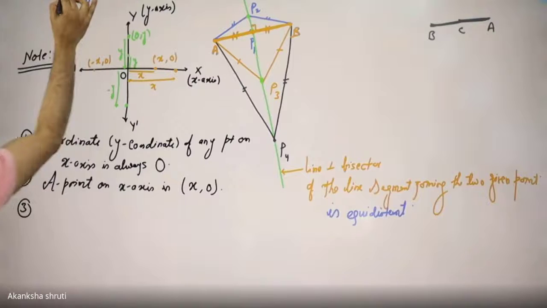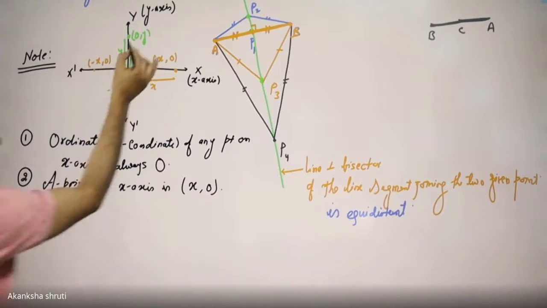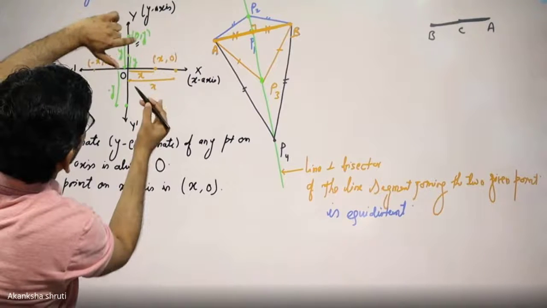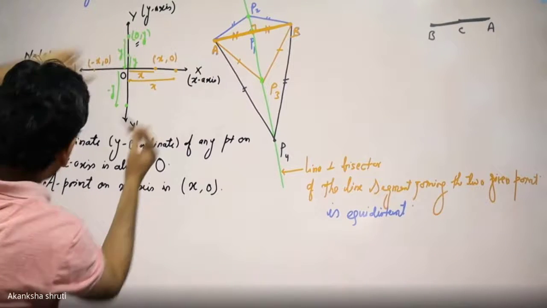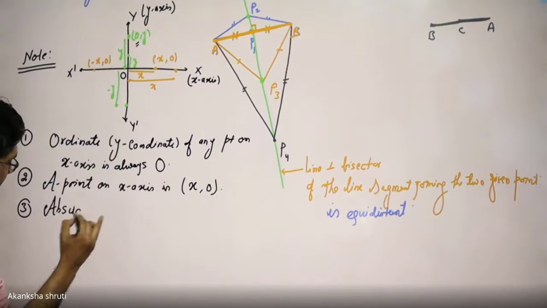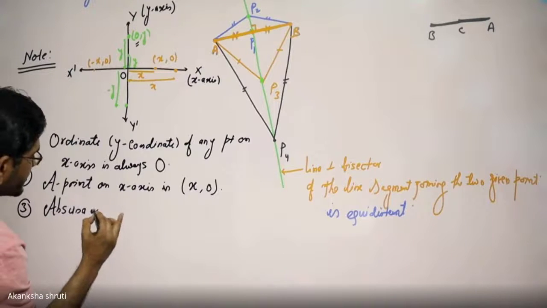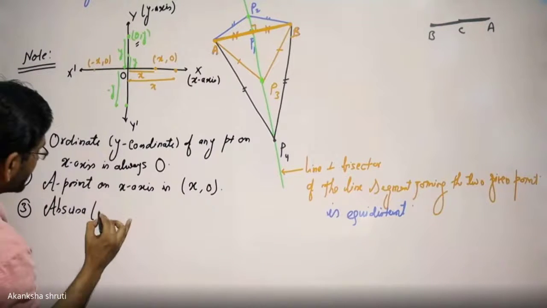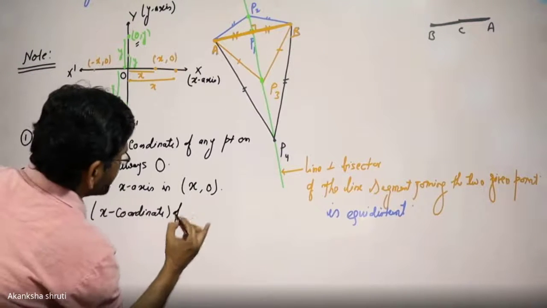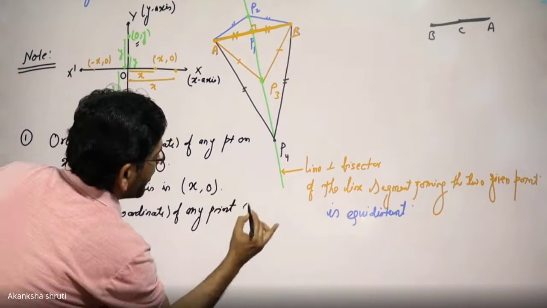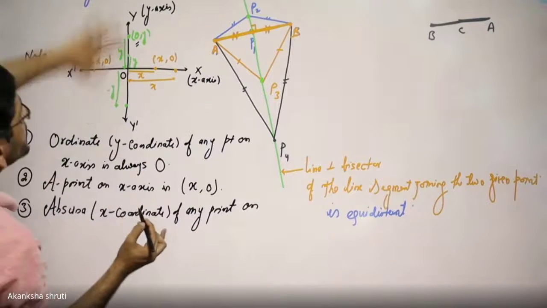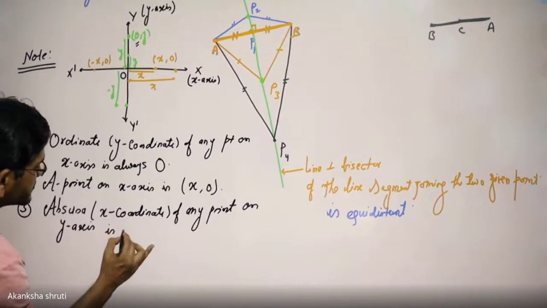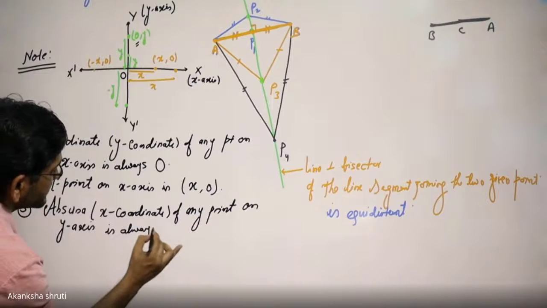Students, therefore we can write what? For the y-axis, on the y-axis, the x coordinate, called the abscissa, which simply means the x coordinate of any point on the y-axis, is always 0.